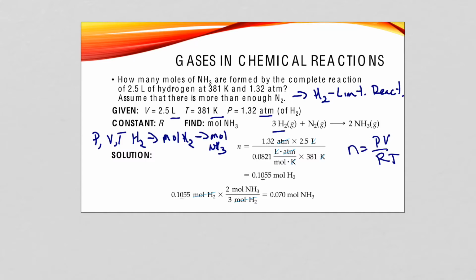So we can use those values combined with our gas constant. Our units cancel, so we're left with moles, and we get our answer of 0.01055 moles. Now, we should list this with two significant figures, because our volume here has two significant figures.